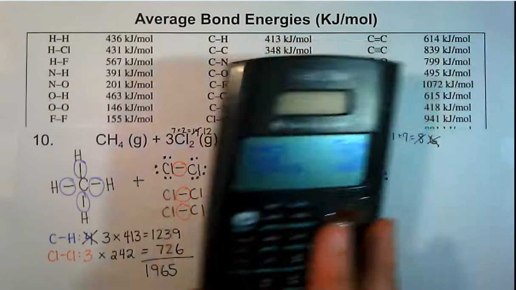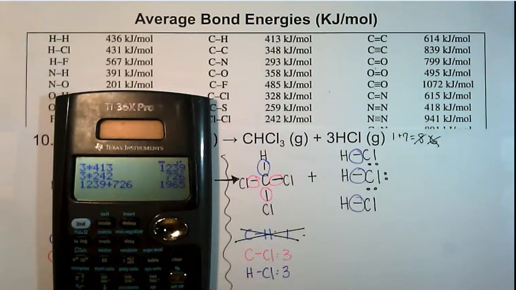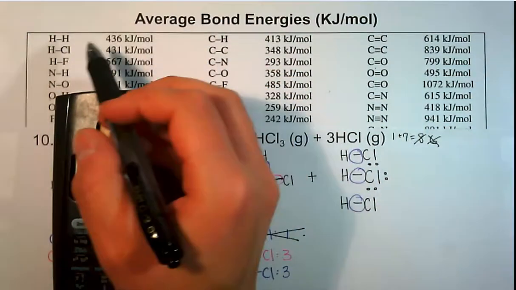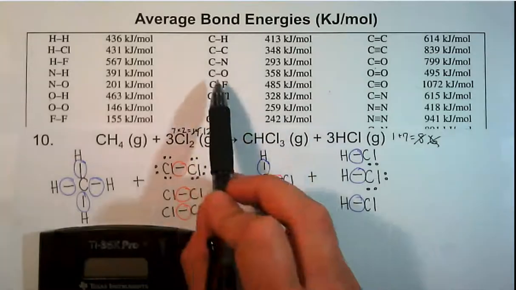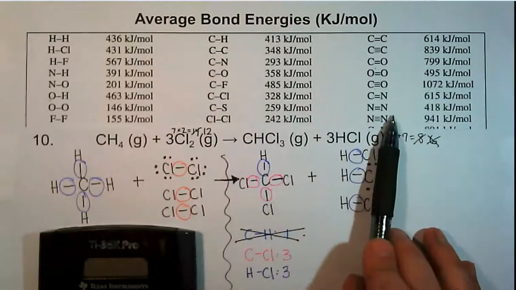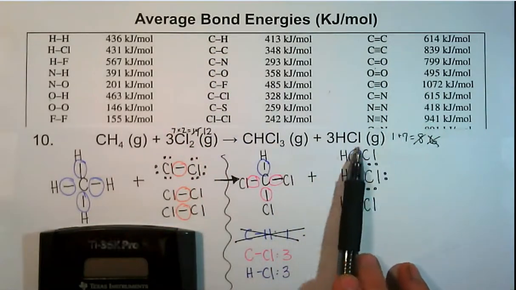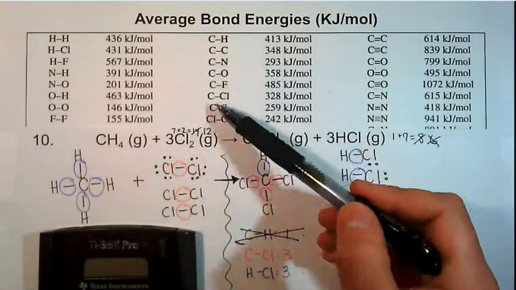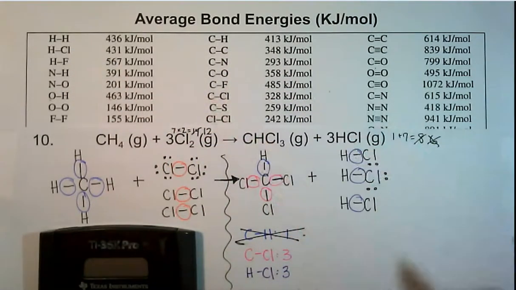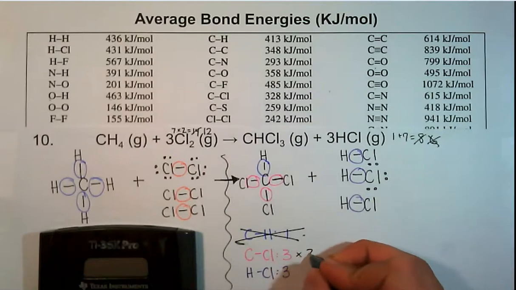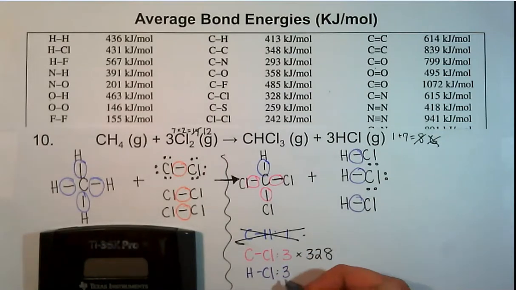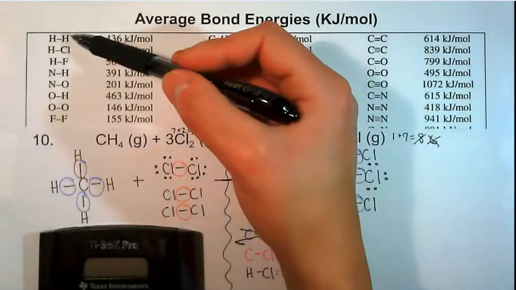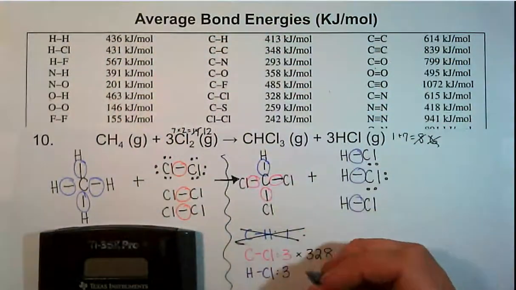Alright, then on our product side, we have some new values. Carbon-chlorine, let's see, maybe I'm covering it up. Carbon-chlorine, I am not seeing this. Carbon-chlorine, right here, 328. And then hydrogen-chlorine, let's look, HCl 431.